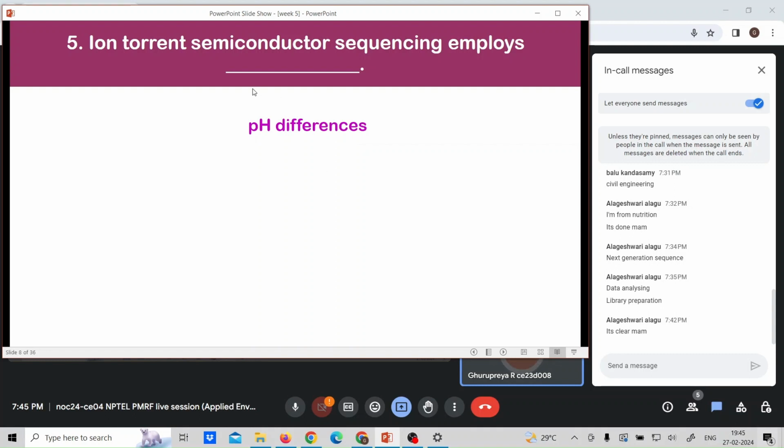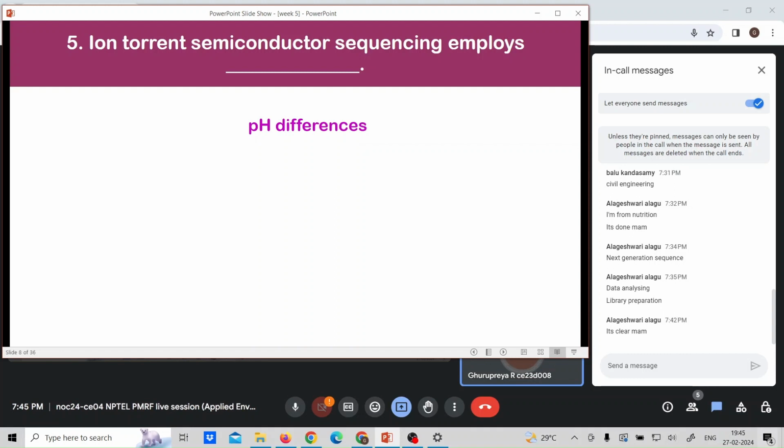In the case of Ion Torrent sequencing, it senses the difference in pH, because hydrogen bonds will be formed. When they are formed, the free H plus ions are not going to be in the reaction mixture. So our sensor is going to sense the difference in the pH, basically the negative logarithm of hydrogen ion concentration or hydrogen ion activity.